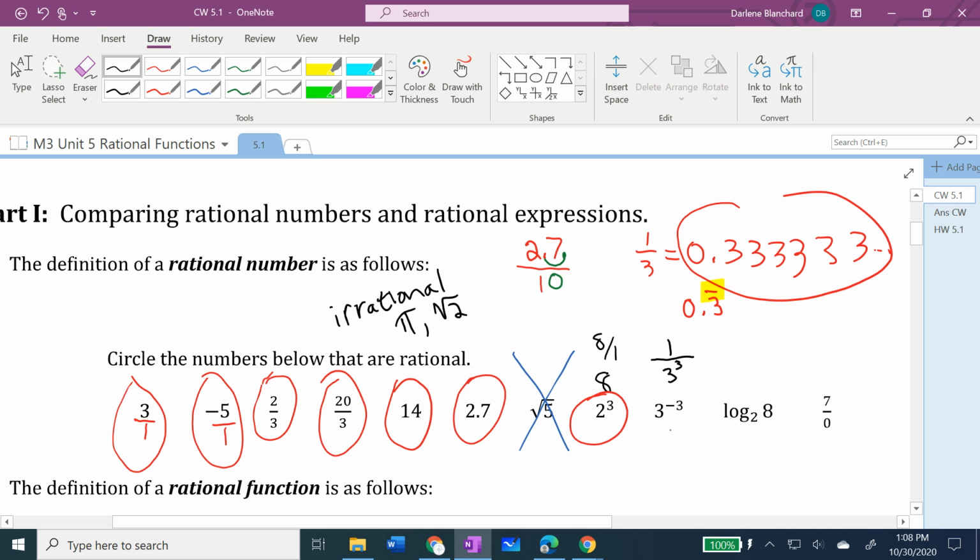So that is the number 1 over 27. And 1 over 27 is a fraction with integers 1 and 27. This is also a rational number. What about log base 2 of 8?